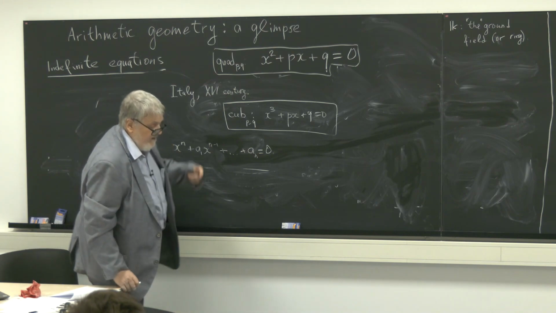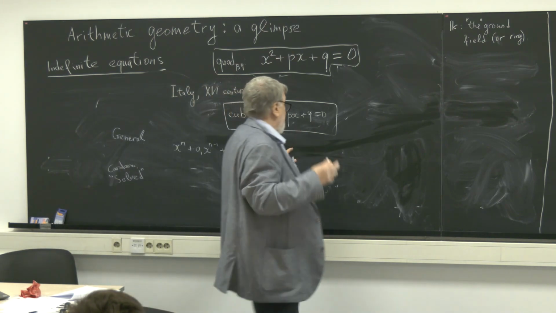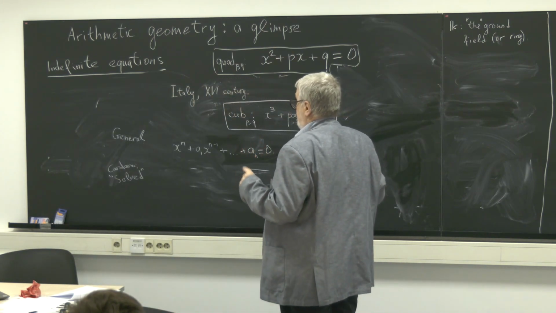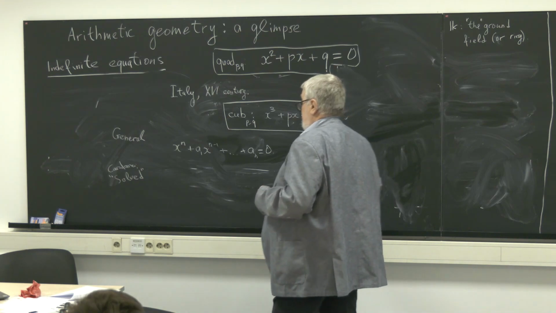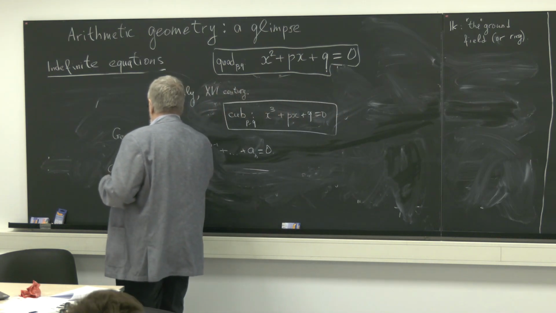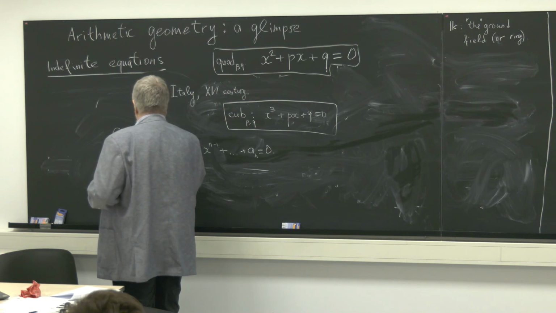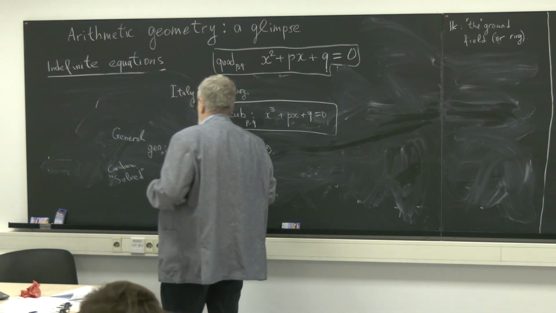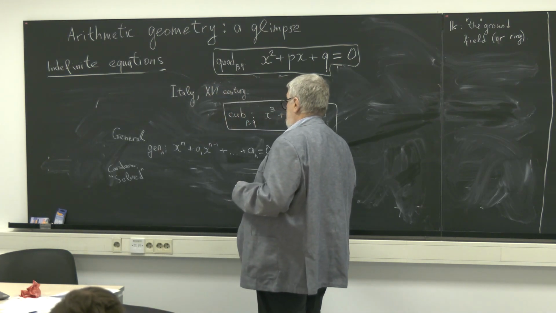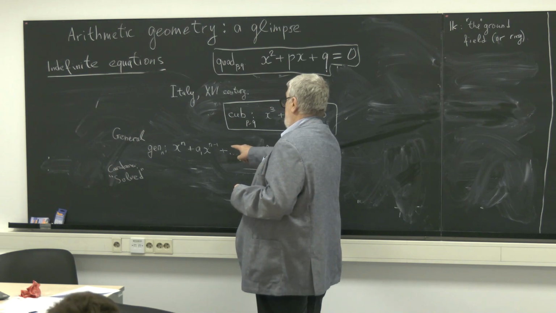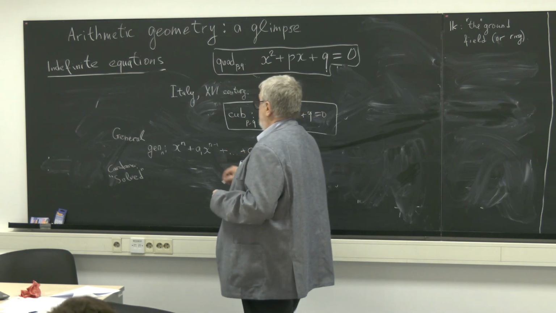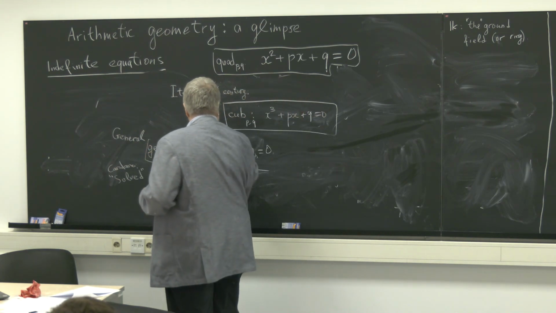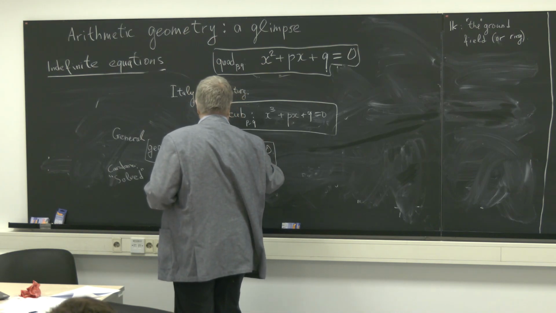I didn't realize, thinking about this lecture, that we can become quite serious now. I mean, give it the name gen sub n. But please don't think about its coefficients as numbers.